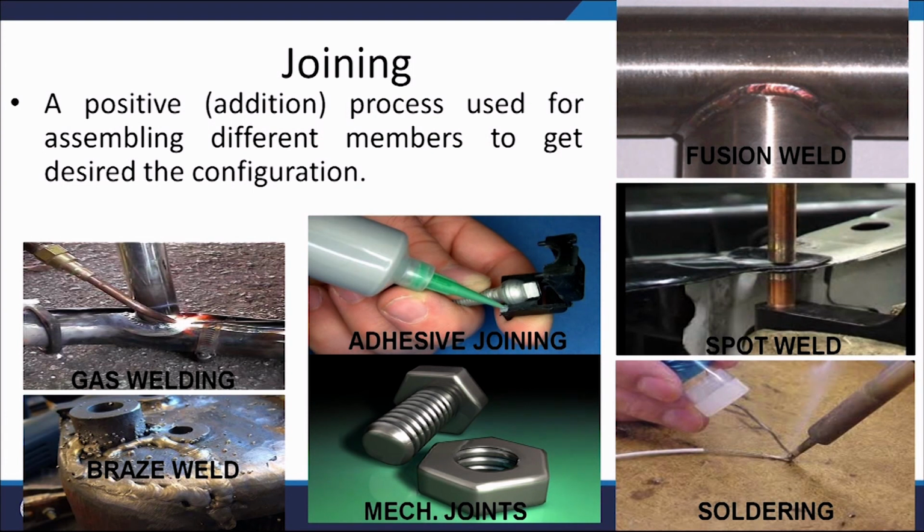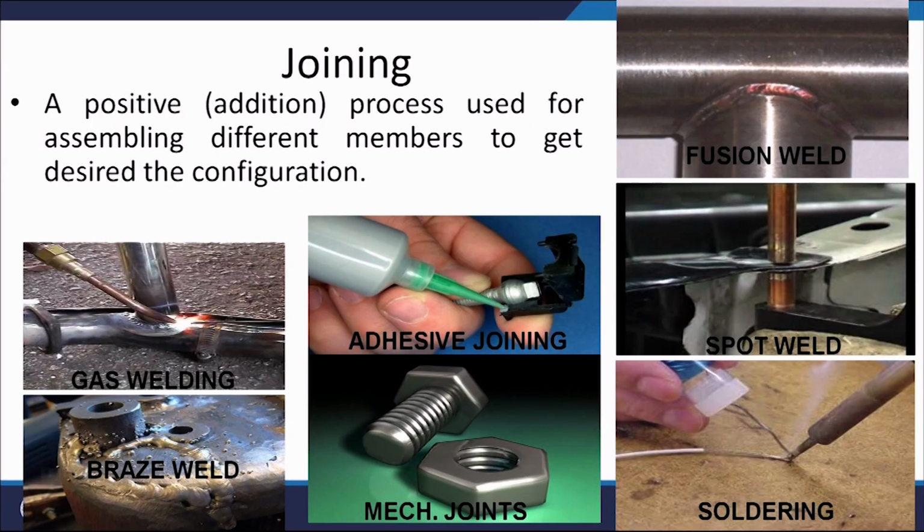Soldering is used to join wires, mostly in electronic components, and nuts and bolts for making mechanical joints. Brazing is used where metallurgically incompatible metals are to be joined, or where the load carrying capacity requirement is not much, so braze joints are used.